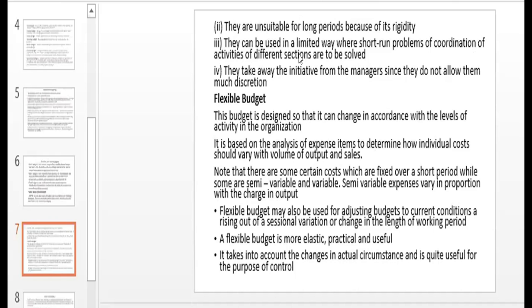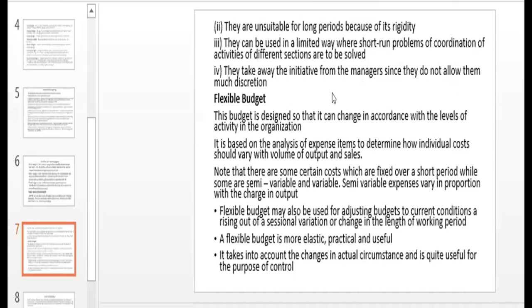They can be used in a limited way where short-run problems of coordination of activities of different sectors are to be solved. They take away the initiative from the managers since they do not allow them much discretion. So for these static budgets, managers have no discretion over them.